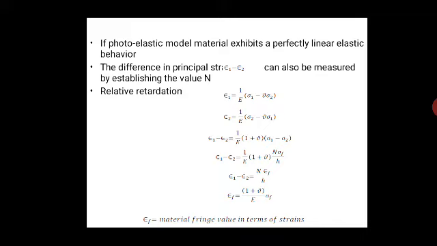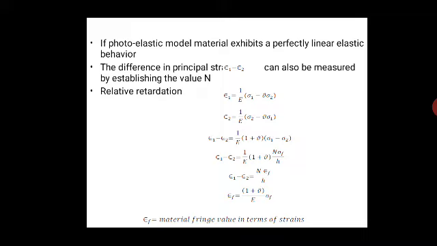Similarly, for the second strain element, epsilon 2 is equal to 1 by E into sigma 2 minus mu into sigma 1. Therefore, the difference in the strains is epsilon 1 minus epsilon 2, that is 1 by E into 1 plus mu into sigma 1 minus sigma 2.